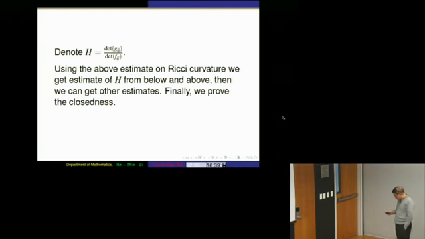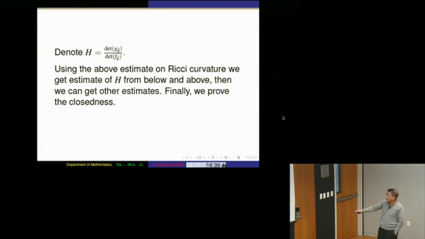Because we got the estimate for Ricci curvature, denoted by H is the determinant G_ij-bar over F_ij-bar, where G is the potential function of the Guillemin metric, we want to estimate this one. We use the above estimate on Ricci curvature.